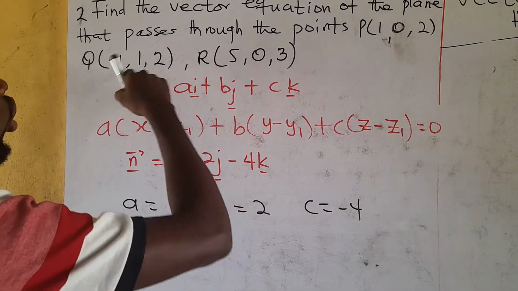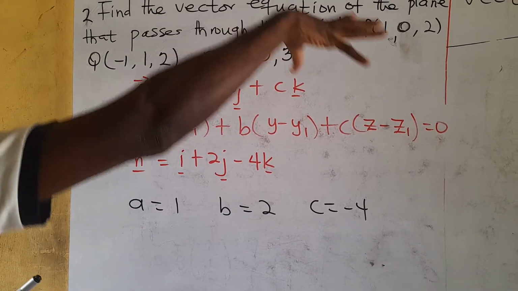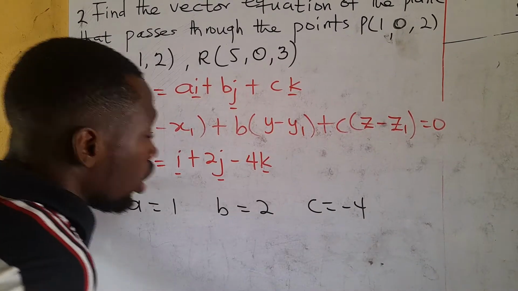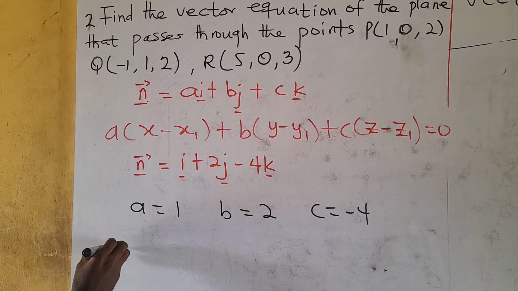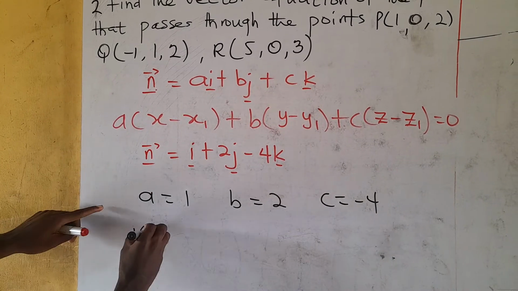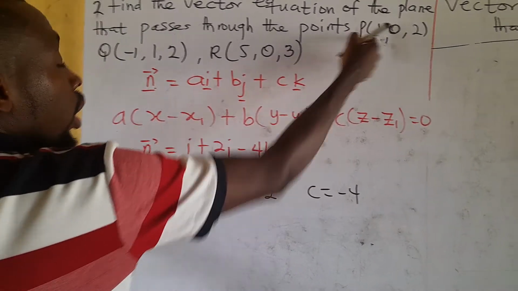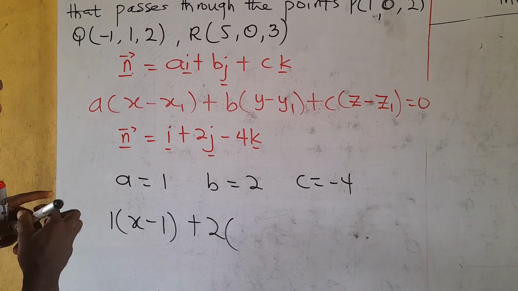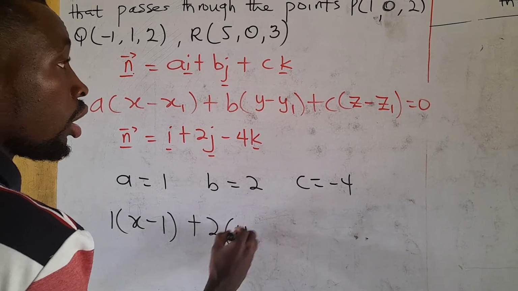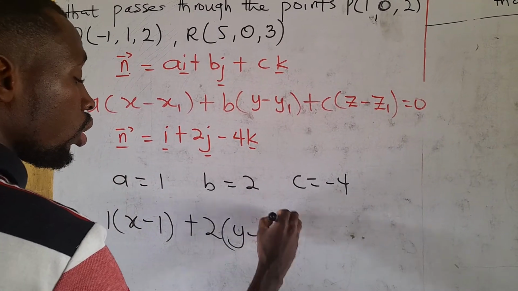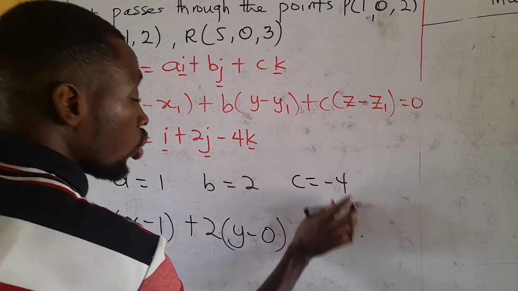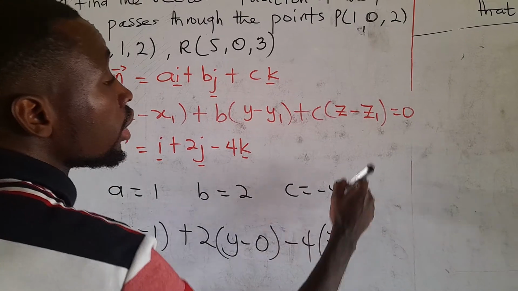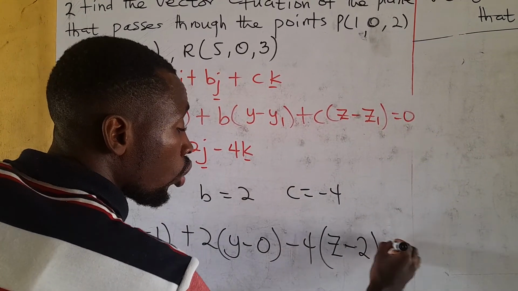Where x1 can be any of the points, you can take any of the points as a point of focus. So I want to use P. So I can say that my vector equation will be 1 times x minus 1, then plus 2 bracket y minus y1, which is 0, then plus c. Okay, so c is -4, so minus 4 bracket z minus z1, which is 2, equal to 0.